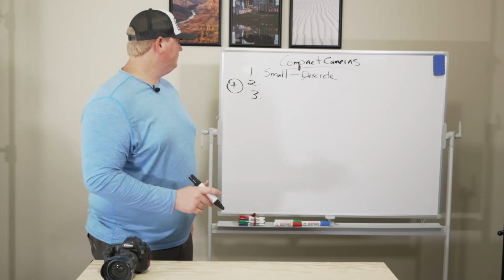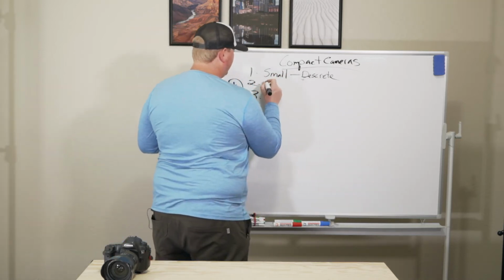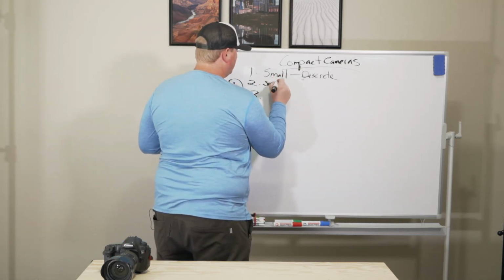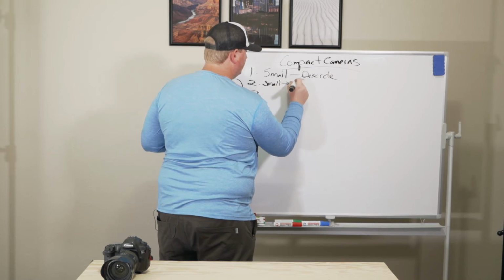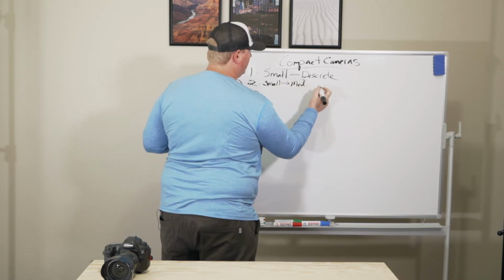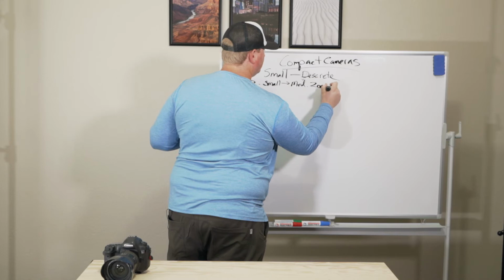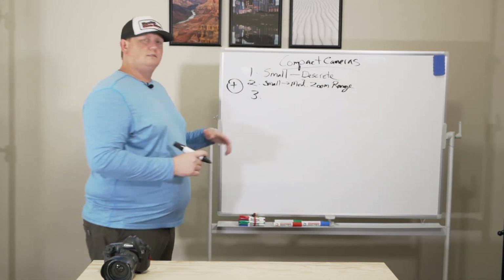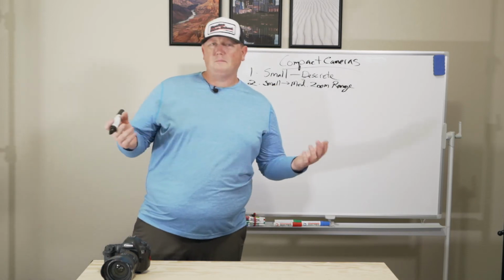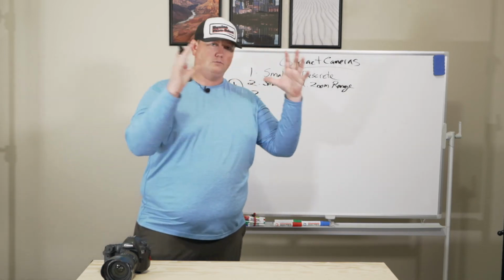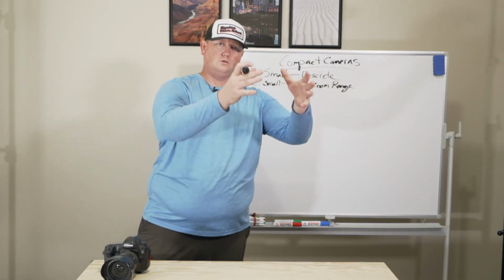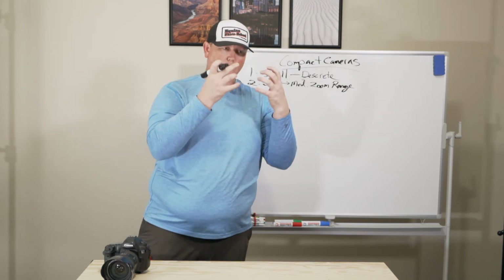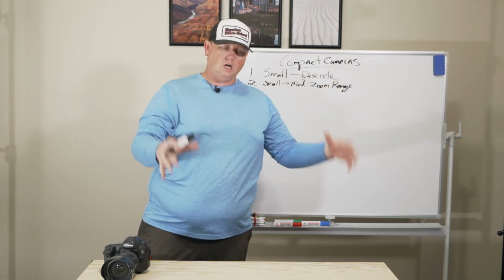Nobody even notices them. Second, the number 2 thing is they have small to medium zoom range, depending on the model that you get. So what that means is the amount of zoom. A lot of people know what zoom is, but it's how much your image is pulled in tight, or how wide of a shot it is.